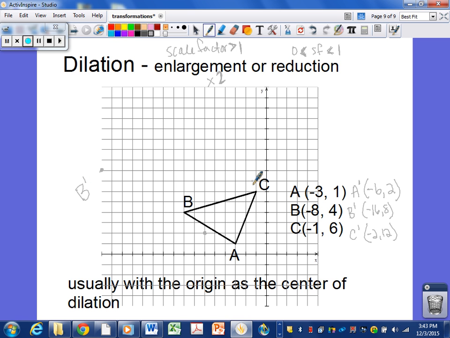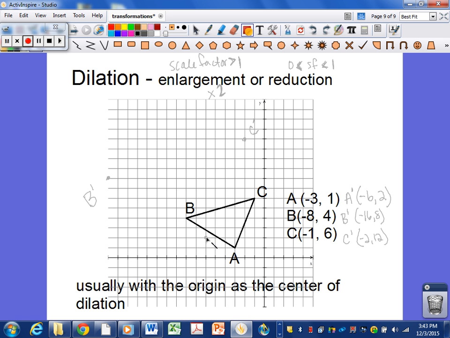And here's C prime at (-2, 12). So if we connect these and make a new triangle, here we have A prime, C prime. Here's B prime, C prime. And here is B prime, A prime.